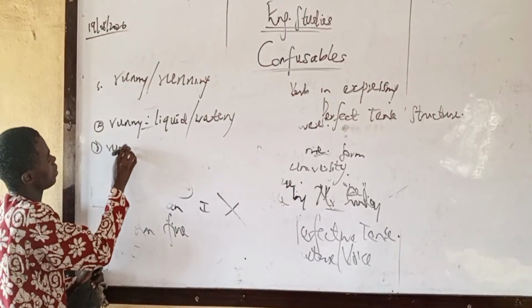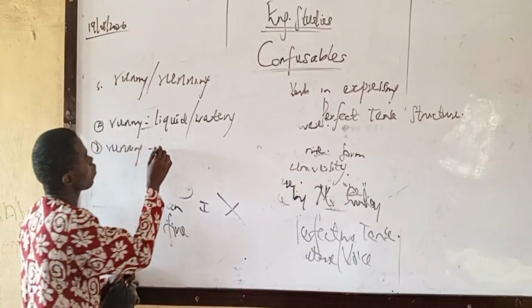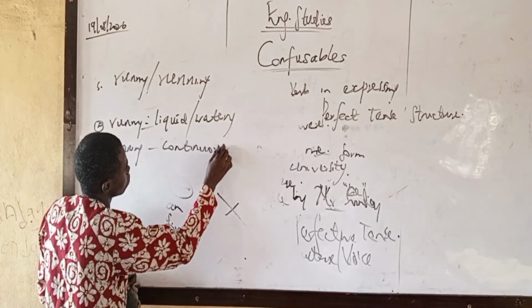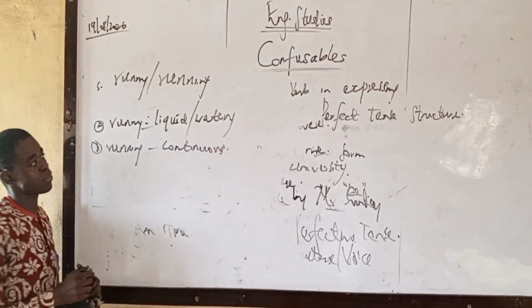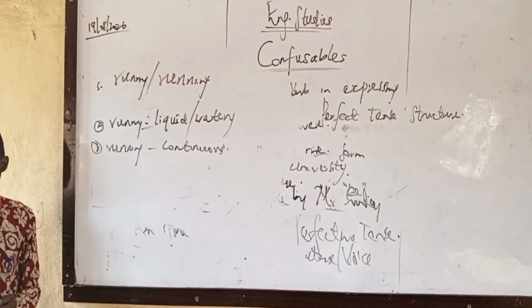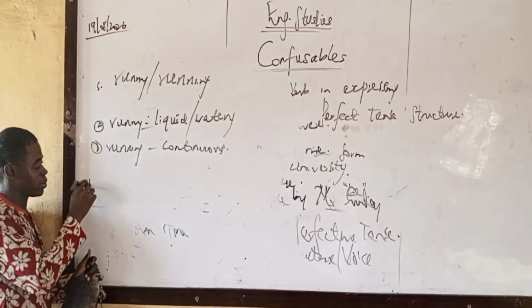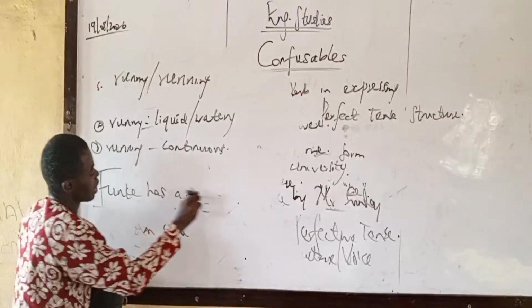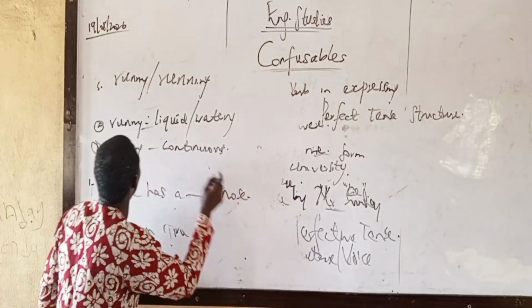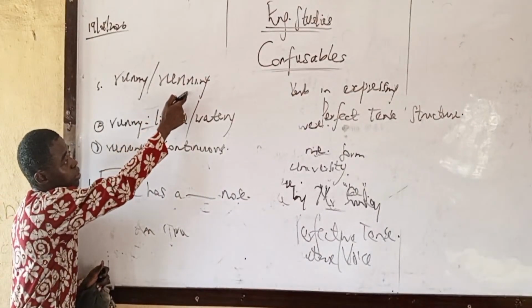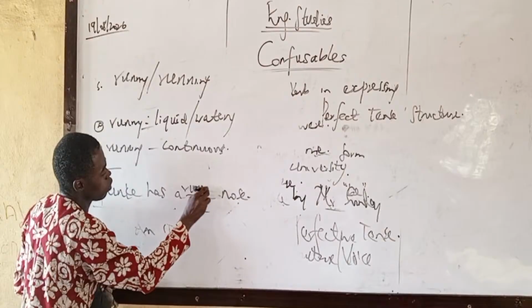B. Running means continuous. Number 1: Funke has a running nose. Running or running, A or B? Of course it is A. Watery.